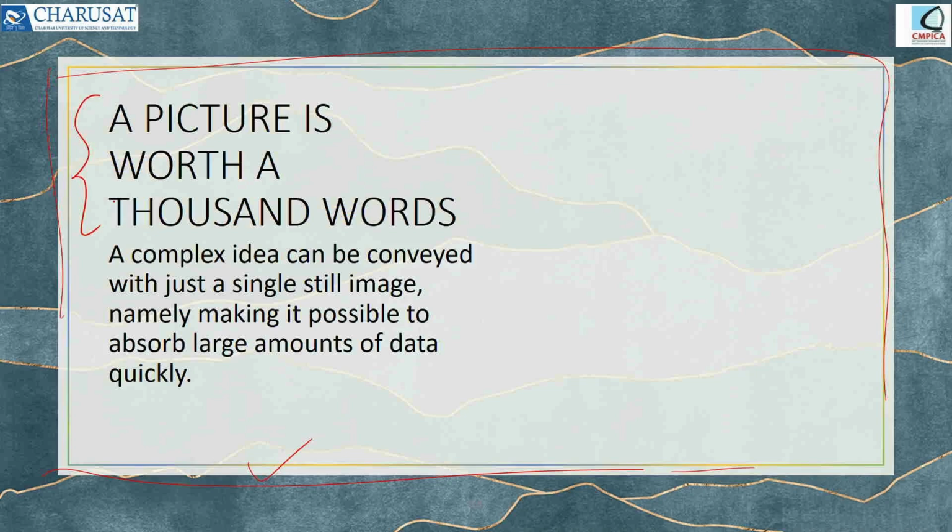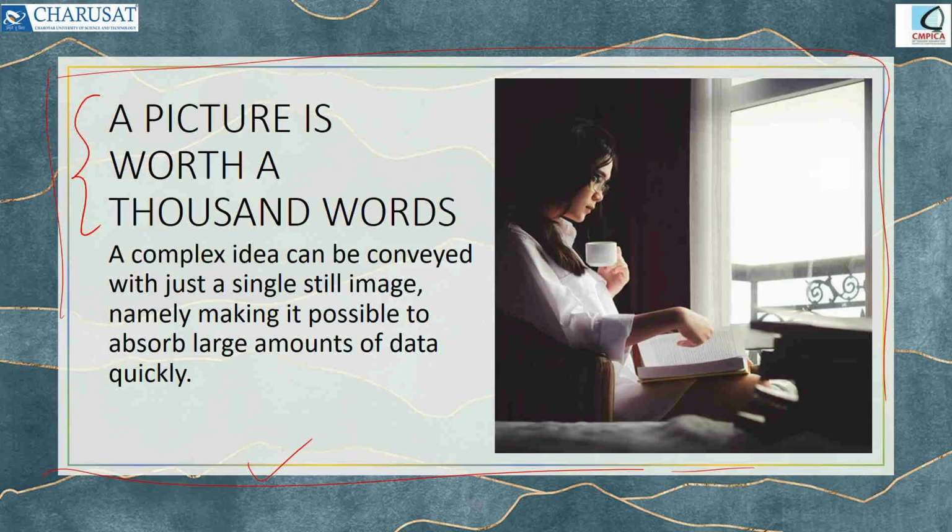Apart from that, why are we saying that a picture is worth 1,000 words? Because it can give a different effect altogether in a presentation. And therefore over here, though the image is just random, you need to understand the reason why it is placed over here. A complex idea can be conveyed with a single still image, right? Therefore a simple image could reflect a lot of things.